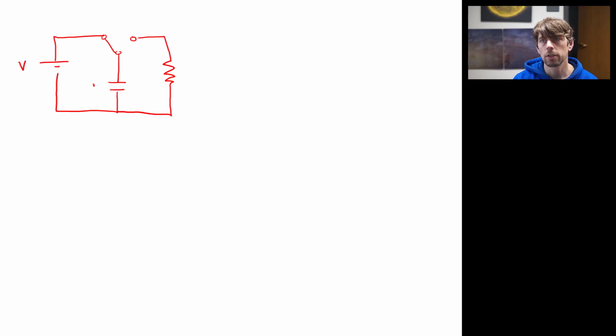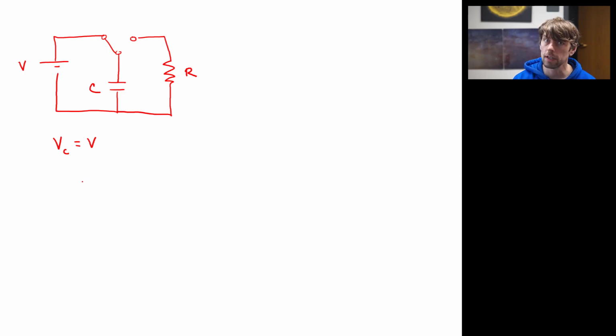Displayed here, I have a different type of circuit, and you can see we still have a battery, a capacitor, and a resistor. What I am doing right here is charging up the capacitor with the battery. In other words, we'll leave this switch like this, and at some point the capacitor potential is equal to the battery.